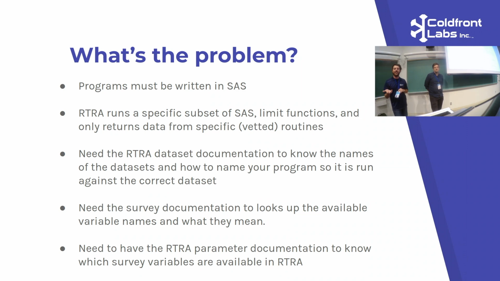You need the RTRA dataset documentation to know the names of all the datasets and variables that you're going to be using in your Sass program. You need the survey documentation, because that's all the metadata, what those variables actually mean and how they map to questions that were asked on the surveys. So it's important to also have that documentation. And then you need the RTRA parameters documentation. Some of those variables are controlled, and so they're removed from the data sets, and there are other changes or precision things made for data cleanup.